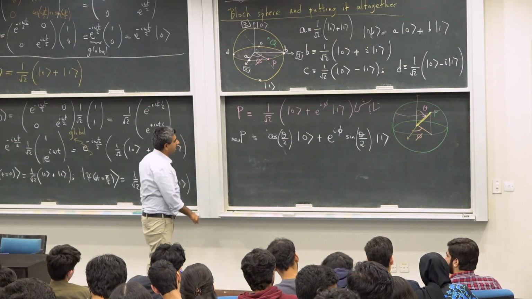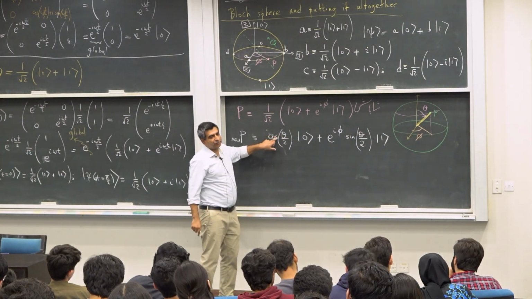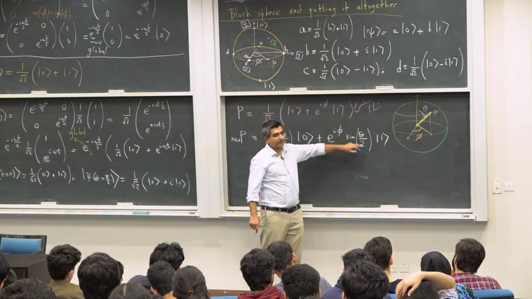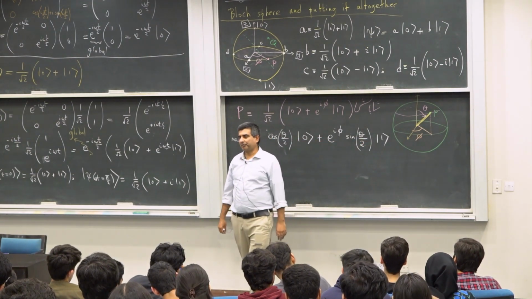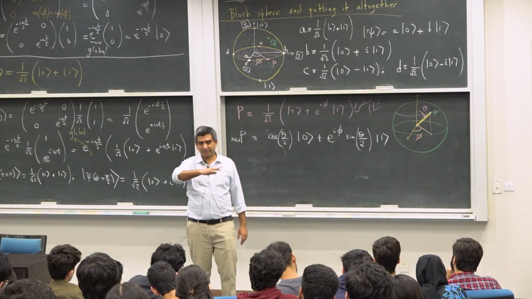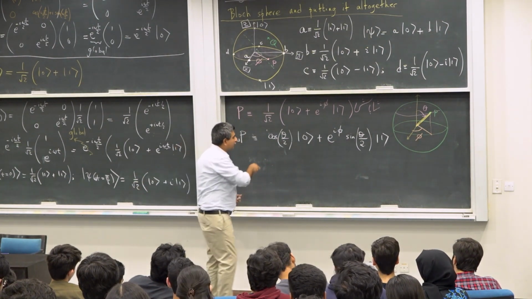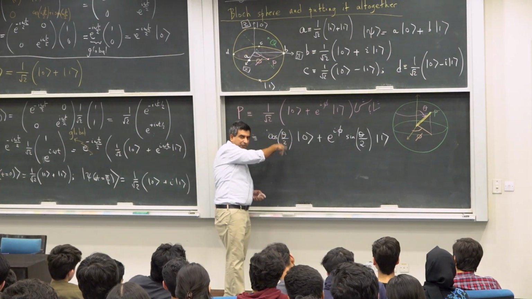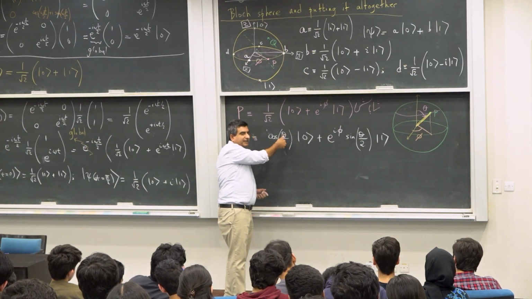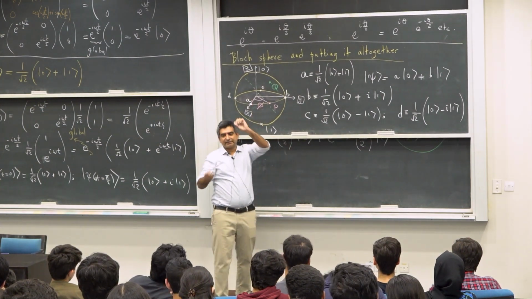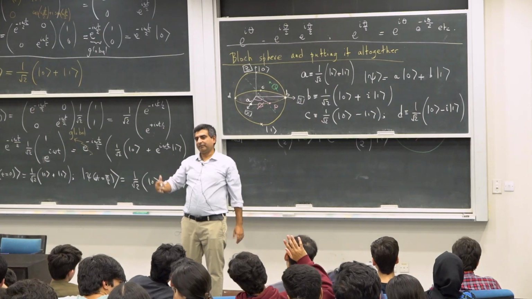Cosine of 45 is 1 over under root 2, so ket 0 plus e^(i phi) 1 over under root 2 ket 1. So you have the proper kind of prescription. Anywhere in between, you just apply this formula. It's not theta here, by the way, it's theta by 2. If you put theta, these fiducial reference points will not align with your definition.